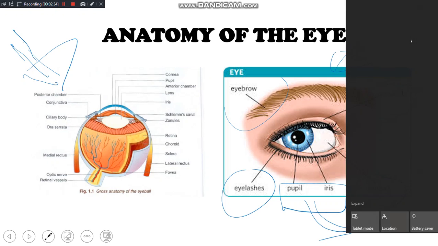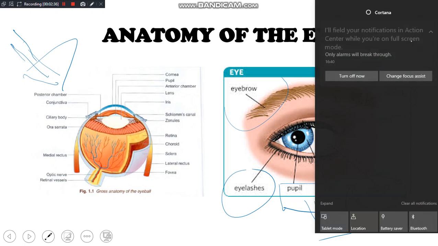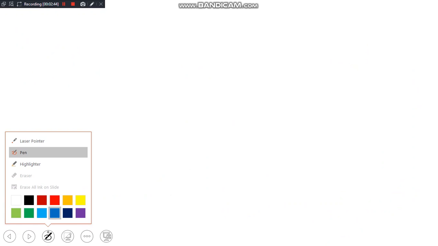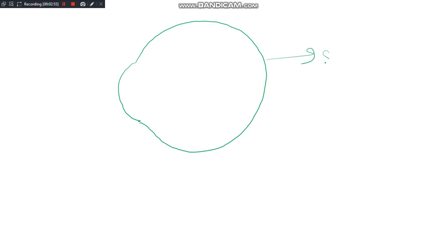Next thing we'll deal with is, I'll teach you how to draw a simple diagram of the eyeball. So let us begin with the cornea. This is your cornea, which I told you continues posteriorly as your, come on, name it. This is your sclera. This one is your cornea.